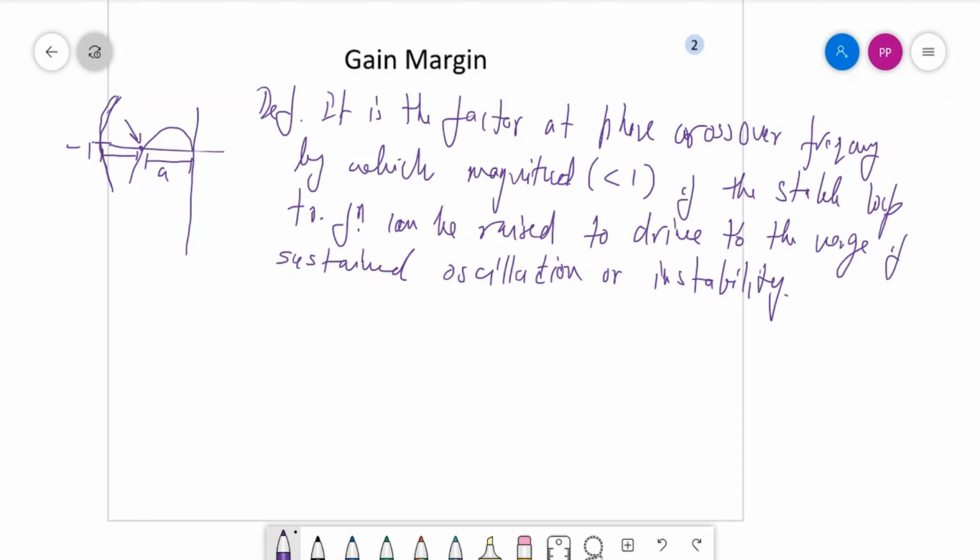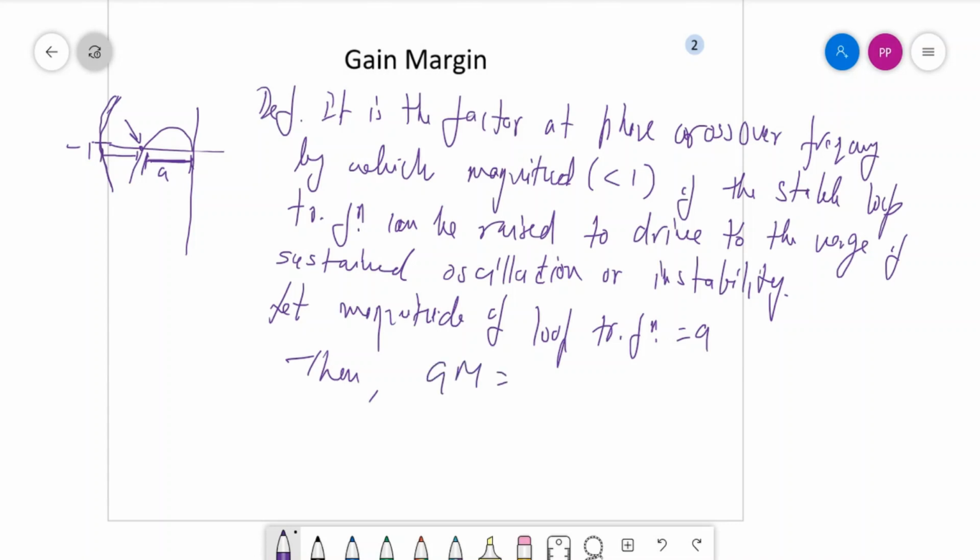So as we are discussing this magnitude of A here up to the crossover frequency, magnitude of loop transfer function equals A, then gain margin equals 20 log base 10 1 by A. This is in decibels.